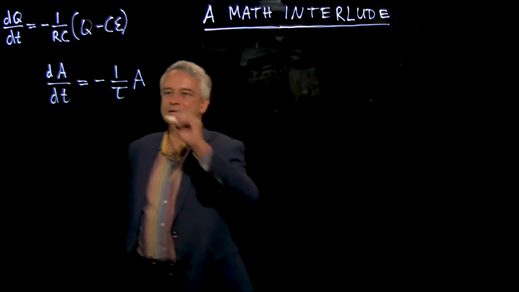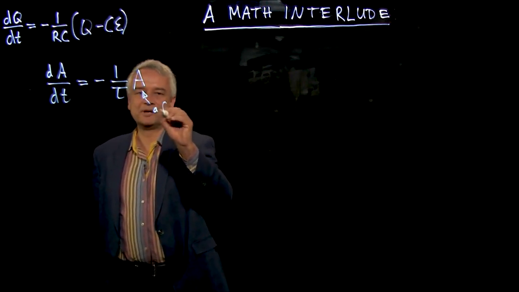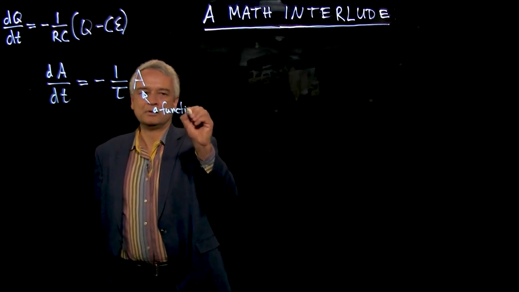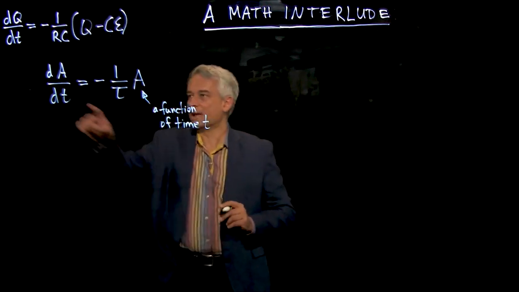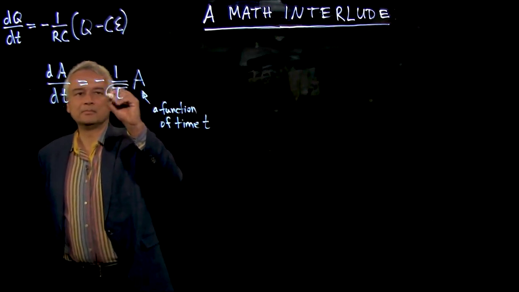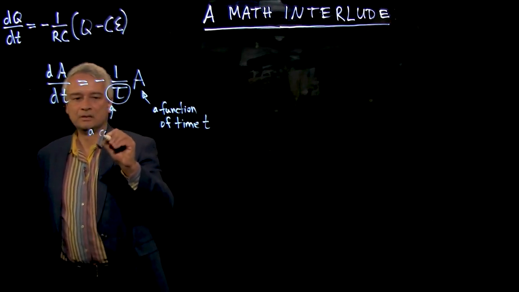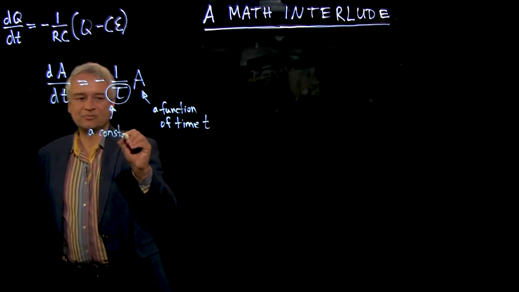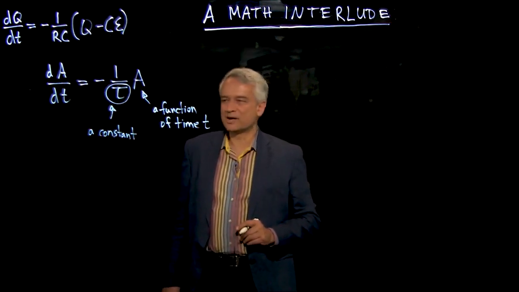So this A, which occurs on both sides of the equation, is a function of time t. Okay, so what's this here? This is a constant. Anytime you see a constant, ask yourself what its units are. How can I tell what its units are? I don't even know what A is.